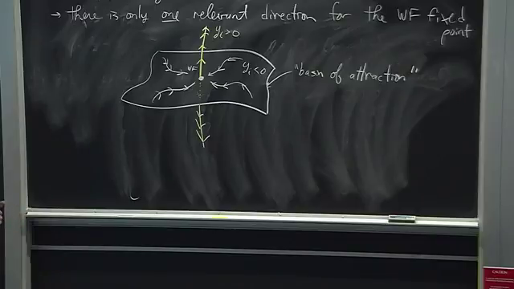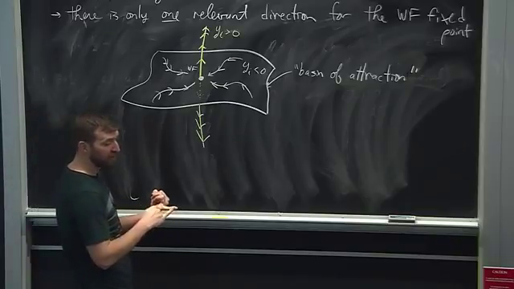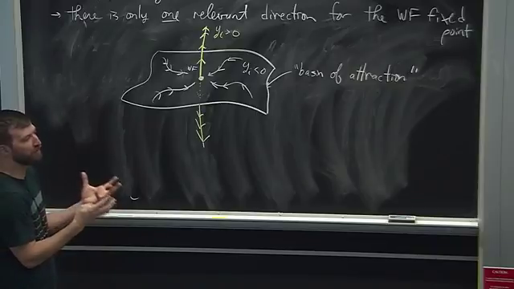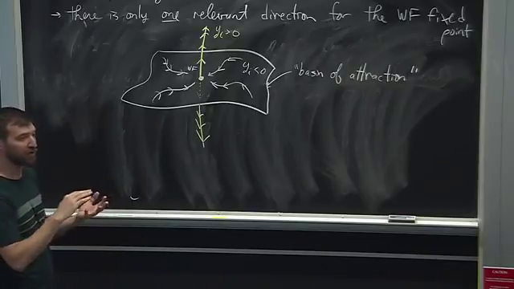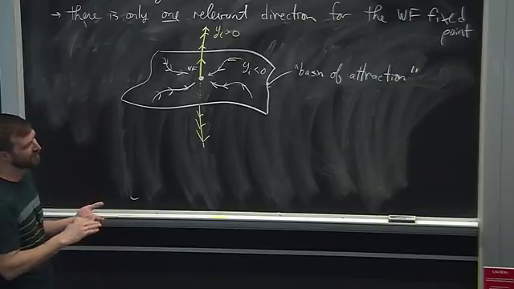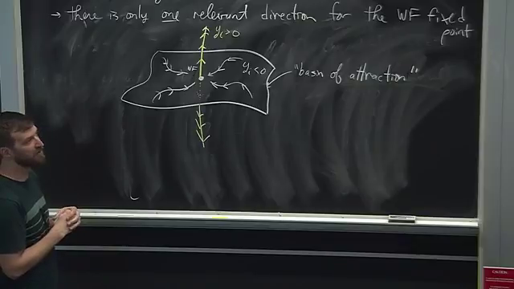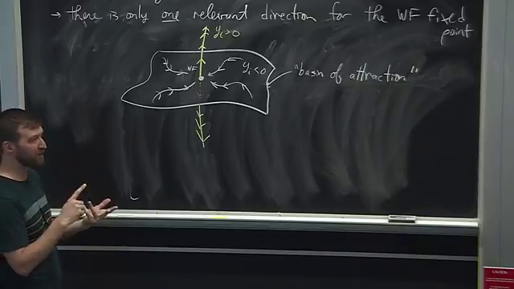And the universality classes depend on the symmetry of the degree of freedom of the field, right? So if it's Ising-like, if it's O2, if it's O3, that'll change things. It depends on the dimension. And it depends on symmetry of the order parameter, invariance of the interactions of the Hamiltonian, and the dimension.